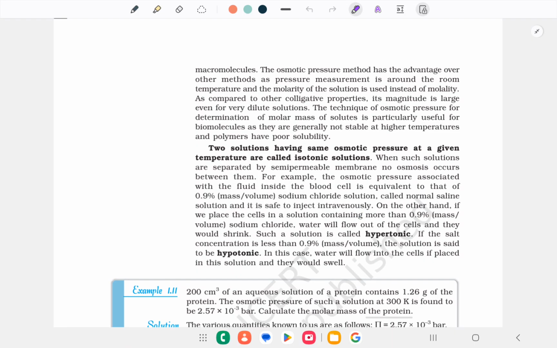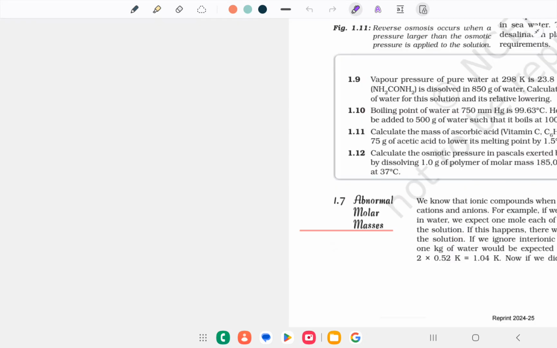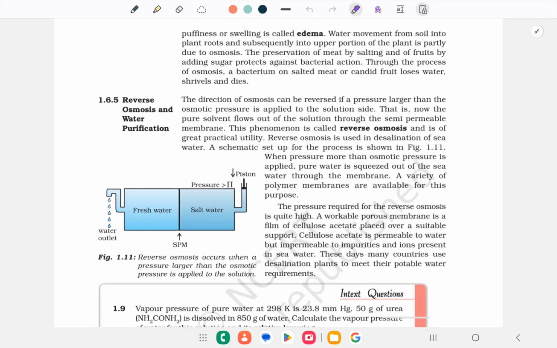And then the solutions, that is isotonic, hypertonic and hypotonic, and the examples are given. And then reverse osmosis and water purification. So the diagram will explain the whole thing.